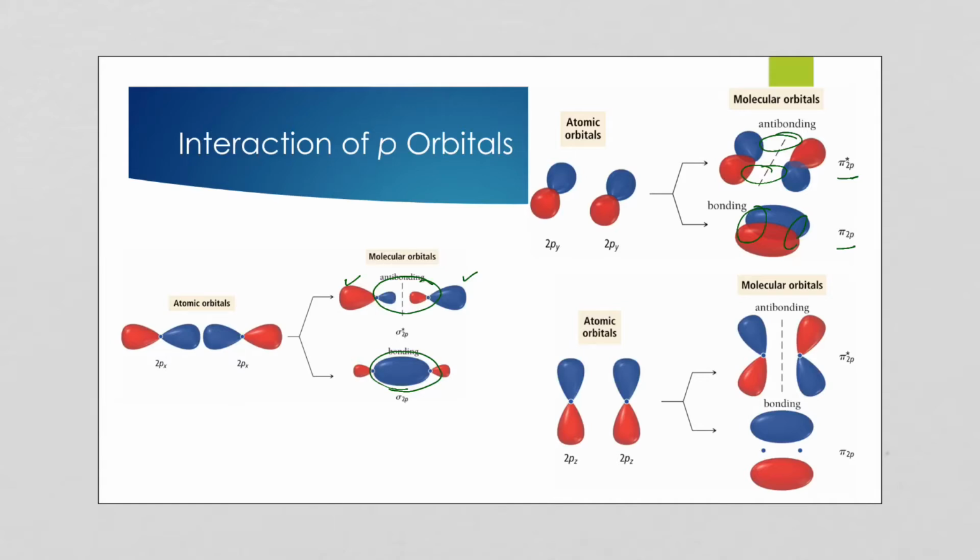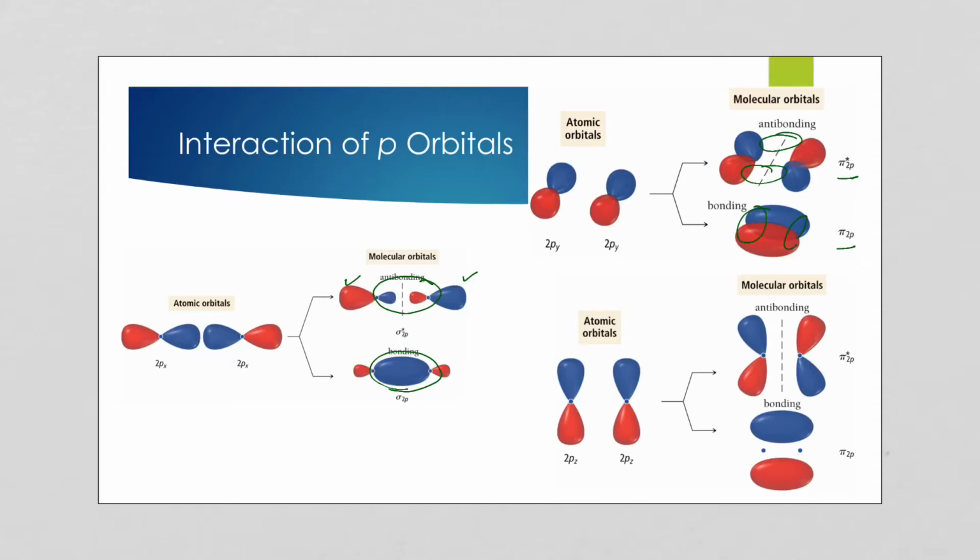And of course, the pz in this case is going to make similar types of orbitals, but along a perpendicular axis, or 90 degrees apart. So we have the pi 2p, and again, this one will look similar, it's just you can't see what this kind of space is, right? But there's clearly a node here.